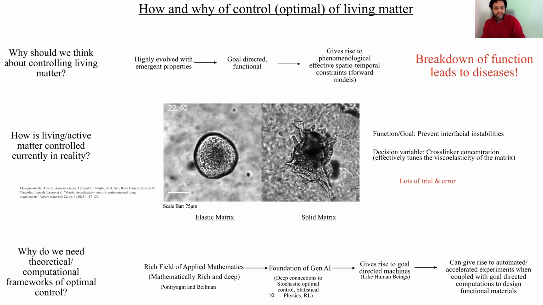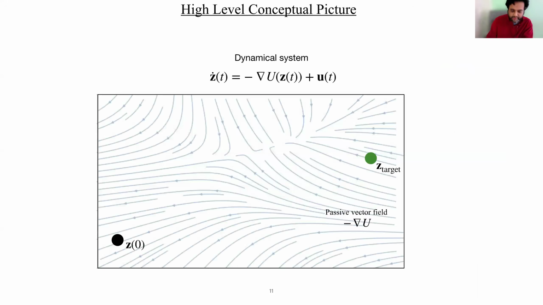Okay, so this is the premise. Now just to give you a visual picture of how you should think about these problems. Imagine you have a domain on which you have a passive vector field, given by the gradient of a systematic interaction, which looks like these blue colored lines. Z is a state space, and you want to drive it to some goal, which is Z of t. Just for illustration, this is like a point, but in actual mathematics, these will be objects in function spaces.